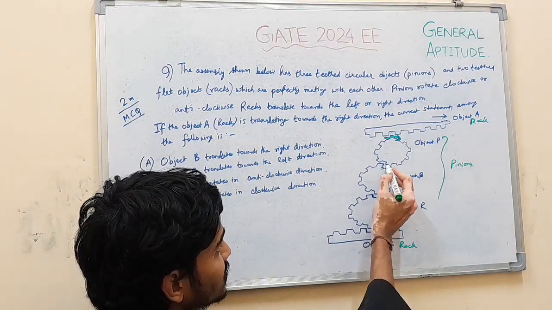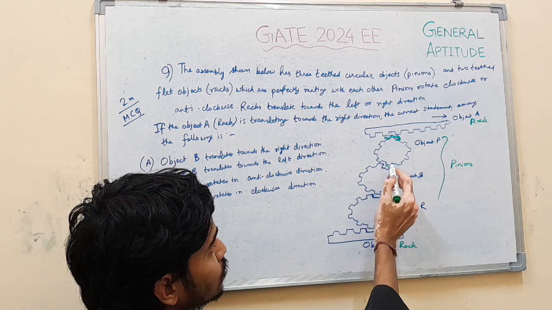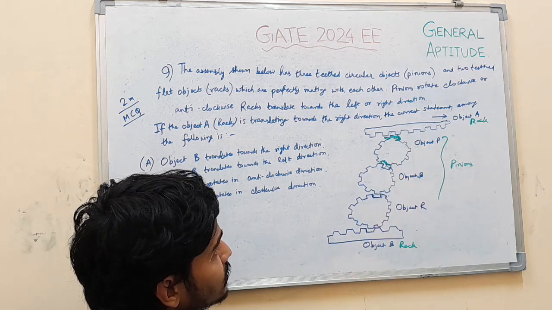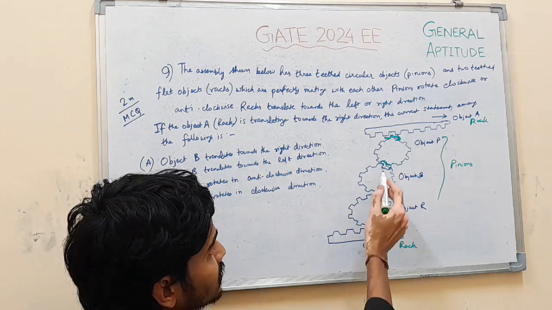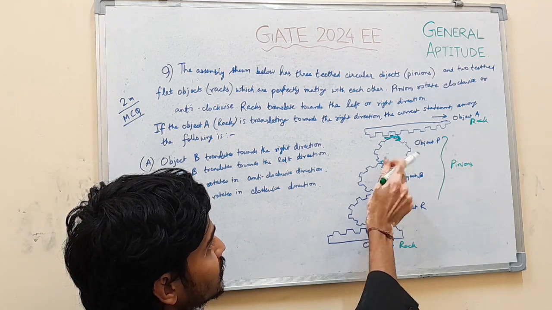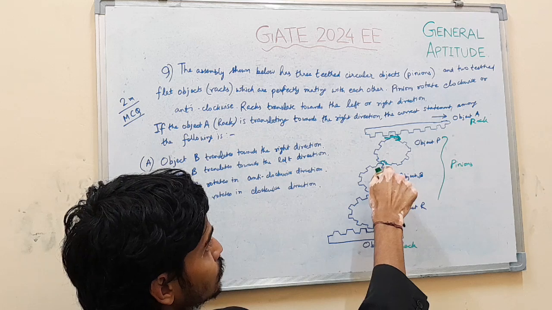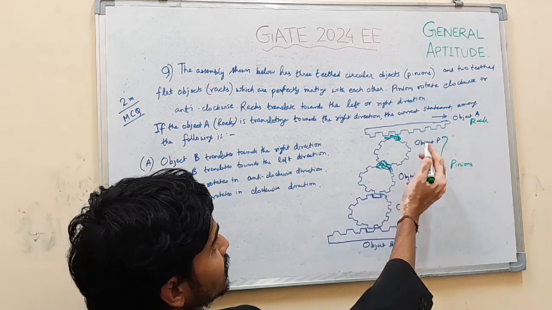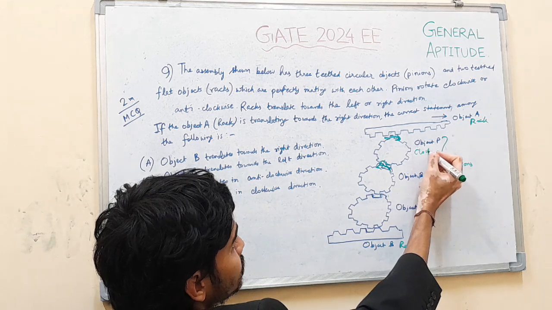Now these are also mating with each other, so if this moves clockwise, this will make this move in this direction. So object P rotates in clockwise direction.